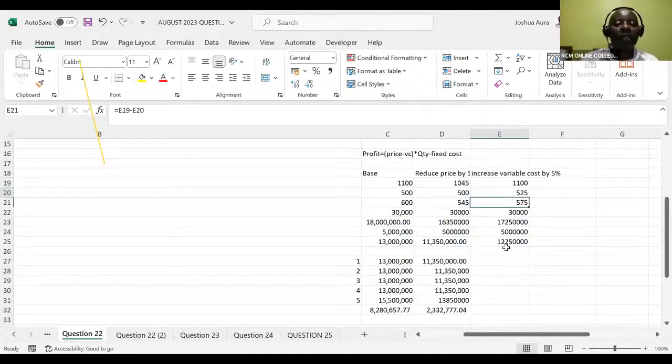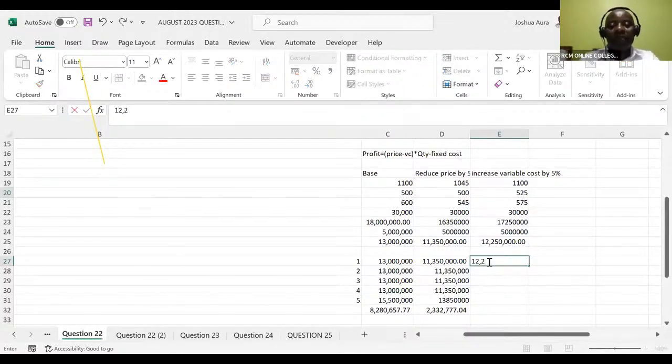So now I'll be able to come here and write. It is 12,250,000. I'm just doing this in the most basic way, no shortcut. I'm just typing because I realize these guys give you a lot of time.